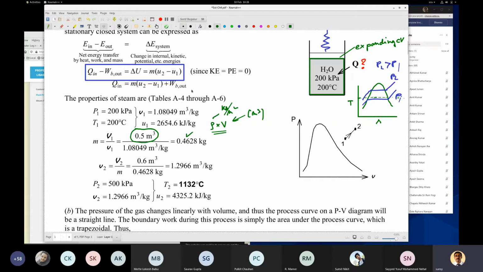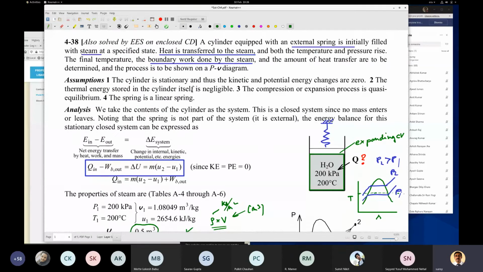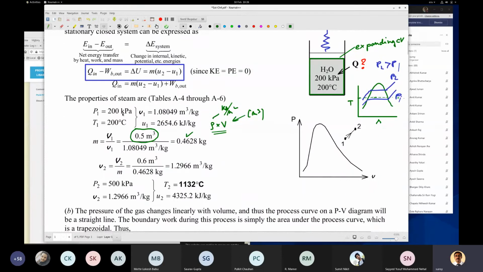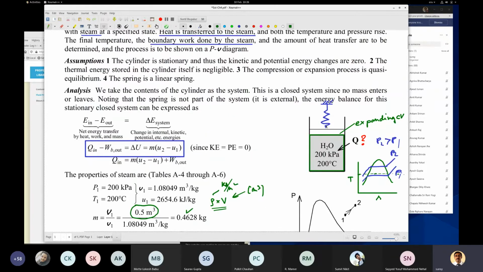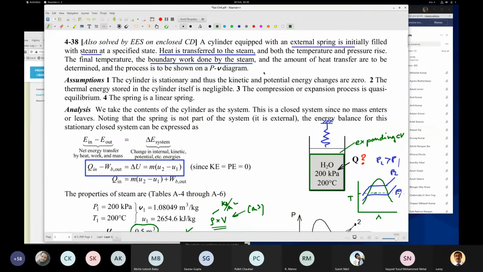Then this expansion is taking place. So this is state 1 and this is state 2. State 2 is 500 kilopascal and 0.12966 meter cube. So that is the expansion that you have. Steam is heated, and both the temperature and pressure rise.